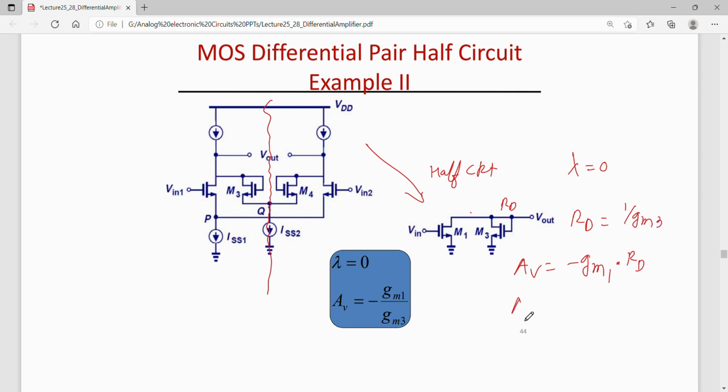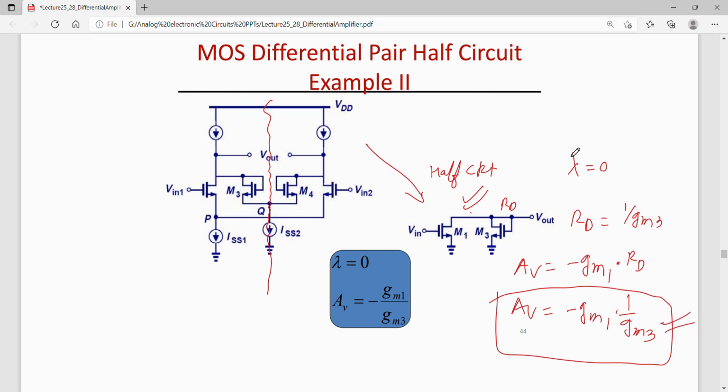So the gain would be equal to minus GM1 times 1 by GM3. In fact, for this circuit we had earlier calculated the gain in our previous lectures, for this diode connected MOSFET in common source, considering lambda 0.